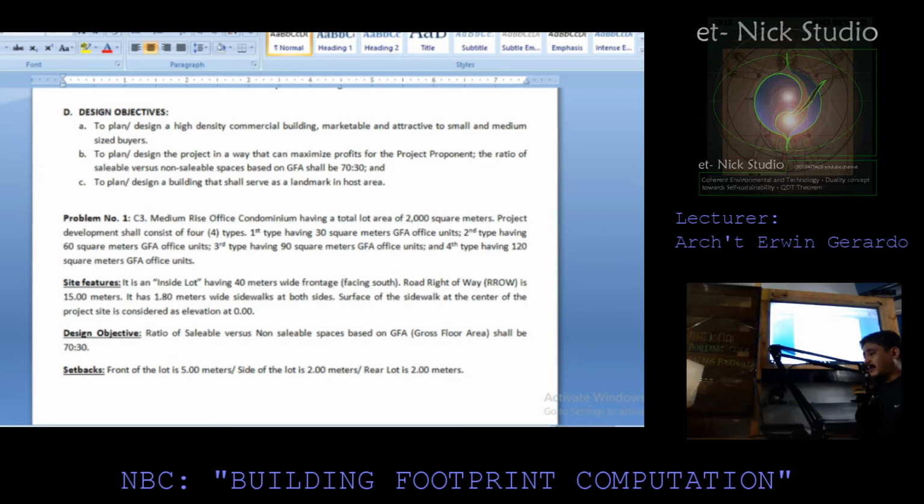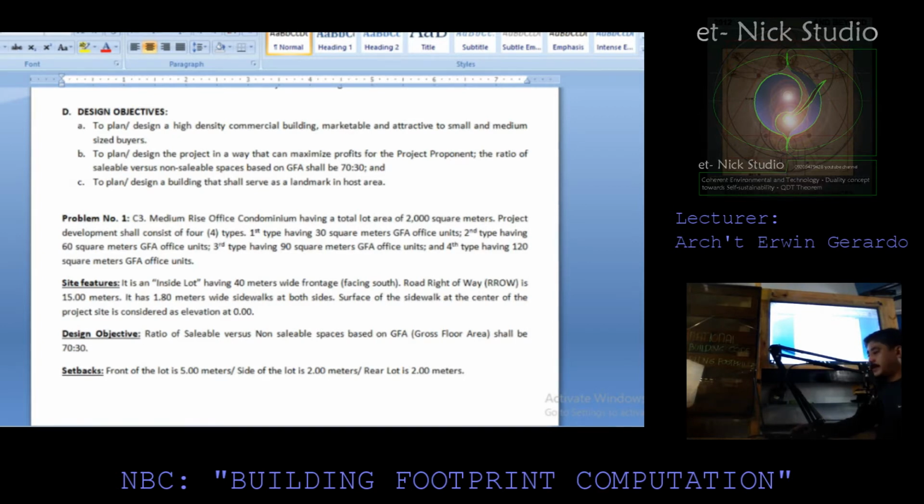The ratio of the saleable versus non-saleable spaces based on the gross floor area of the building shall be 70% saleable and 30% as the open space. And to plan or design a building that shall serve as a landmark in the host area. So take note of the problem.